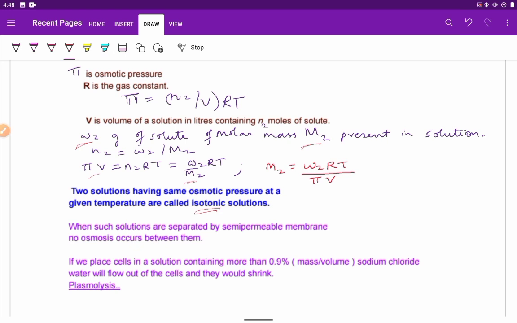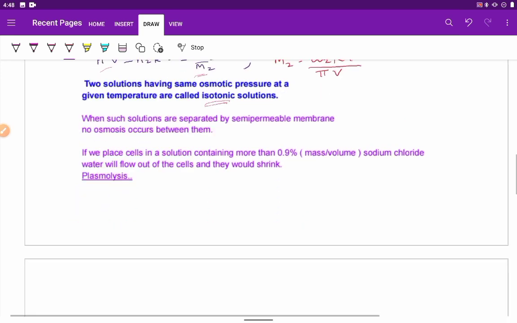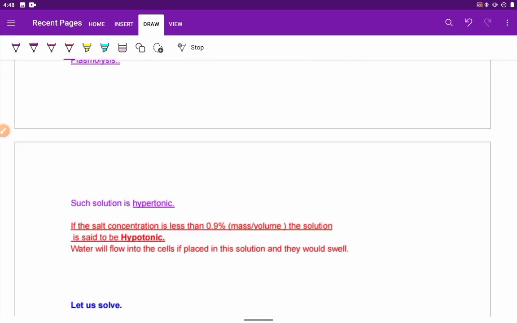If we place cells in a solution which has more than 0.9% sodium chloride, mass by volume, water will flow out of the cells, and the cells will shrink. This is known as plasmolysis. Such a solution is called hypertonic.